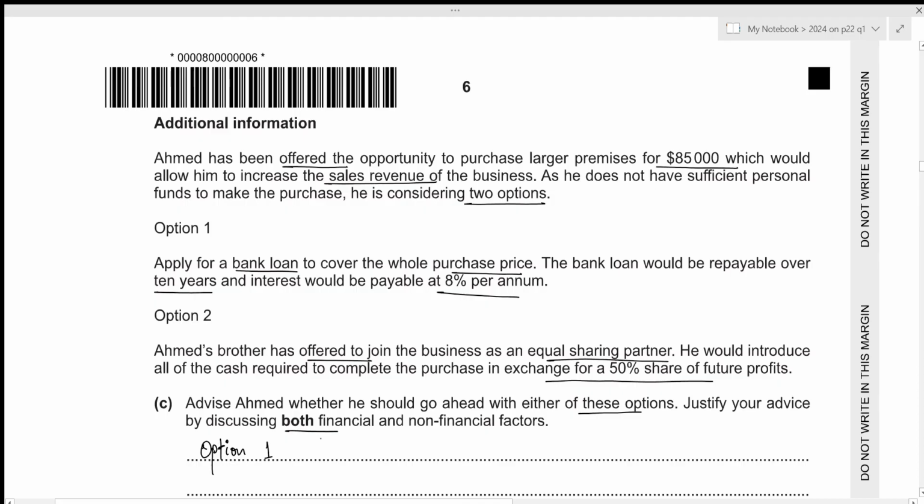So option 1 is the bank loan. Now, the first thing relating to the financial factor is that when we apply for a bank loan, interest would be payable, and whenever we have to pay interest, it will definitely reduce profit. And this is for 10 years, which means that the profit will be reduced for the next 10 years if the business goes ahead with this bank loan.